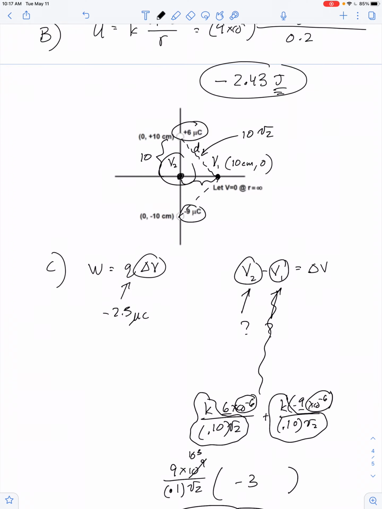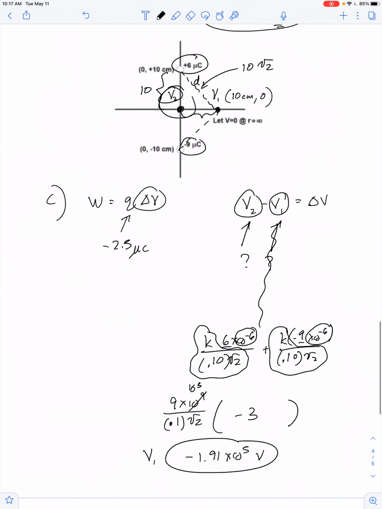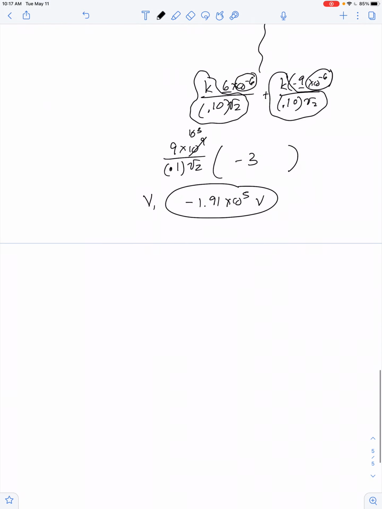Now at position 2, the electric potential is almost the same thing, it's just our distance isn't 10 root 2, our distance is just 10. So it's going to be k over 0.1 without this root 2, times 6 times 10 to the negative 6 plus negative 9 times 10 to the negative 6.